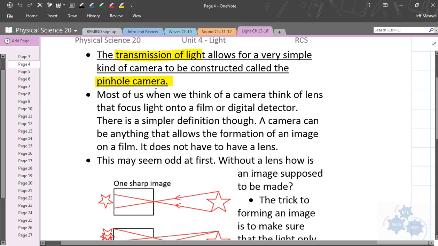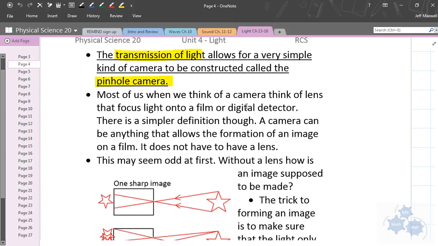Most of us, when we think of a camera, we think of a lens that focuses light onto a film or a digital detector. I don't know how many of you take pictures with single lens reflex cameras or DSLRs. Anybody have one or use one? If you've ever taken a picture with one and it doesn't have autofocus, what you realize is that you have to turn the lens in order to get a sharp image, right?